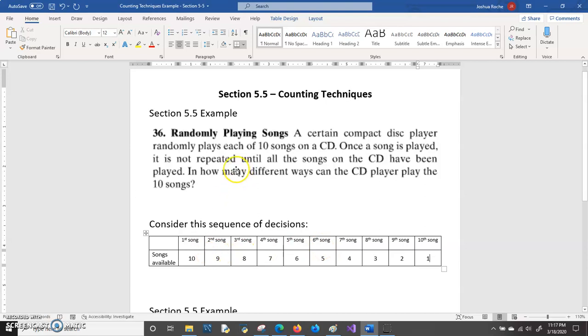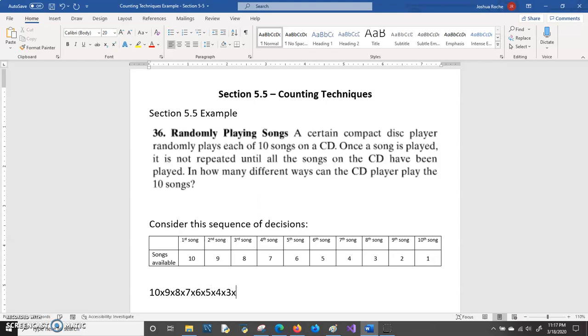So the total number of different ways the CD player could randomly select those 10 songs would be the number we get when multiplying each of these numbers of decisions. So we'll multiply 10 times 9 times 8 times 7 times 6 times 5 times 4 times 3 times 2 times 1.